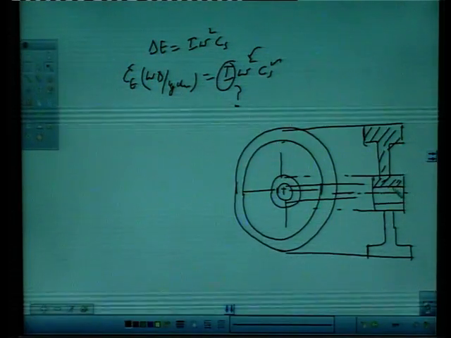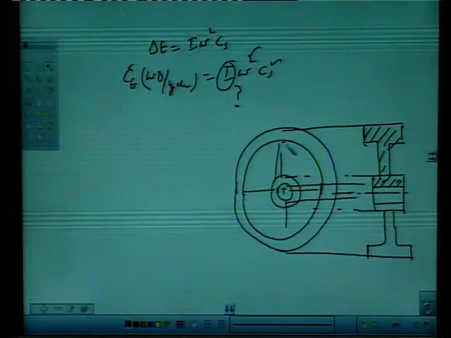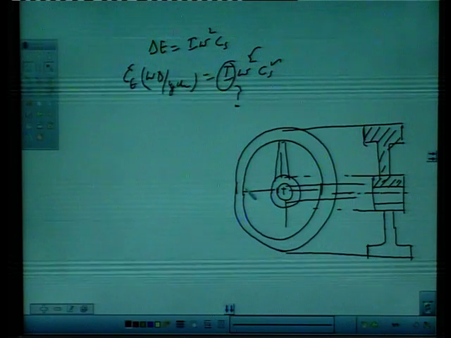See, this is the shape of the flywheel, in which you have some arms.